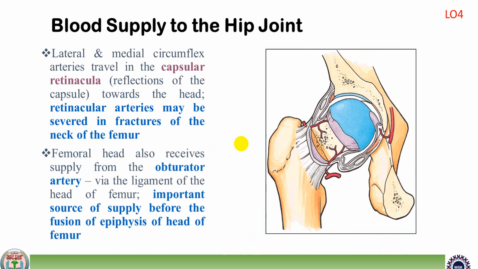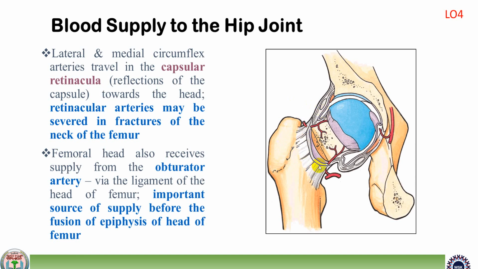The lateral and medial circumflex arteries, as I said, come from the deep artery of the thigh, or profunda femoris artery, and travel in the capsular retinacula, which we talked about. The retinacula are a reflection of the capsule and synovium toward the head of the femur, and this reflection carries these blood vessels with it.